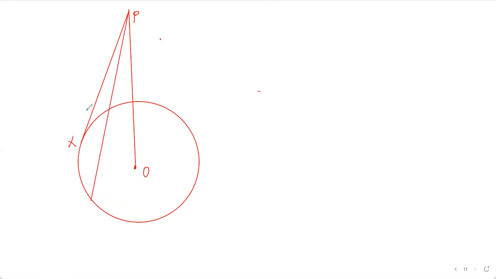I draw a secant. Now, according to the definition, the power of a point with respect to a circle having radius r, any point can lie on the circle, outside or inside. The power of the point is defined to be the square of the distance of the point from the center, minus the radius square. So this is according to the definition.